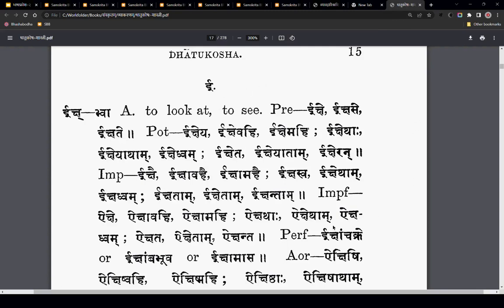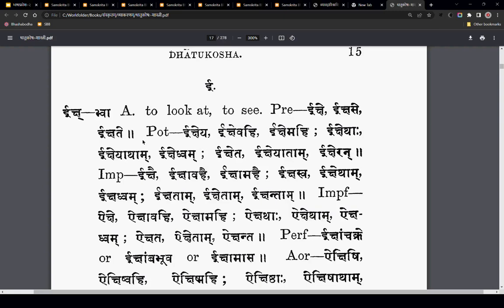This dhatu kosha gives the forms in this way: Ikshate, ikshase, ikshe. Not all the forms are given, but you can understand. Prathama purusha, madhyama purusha, uttama purusha. In the present tense, Lat lakara.